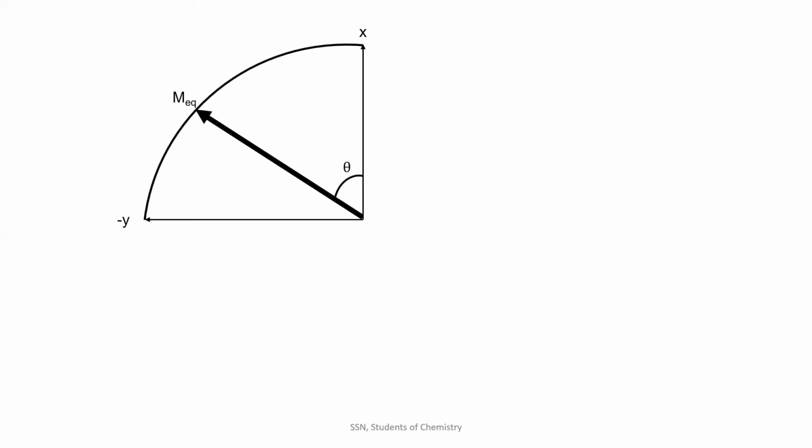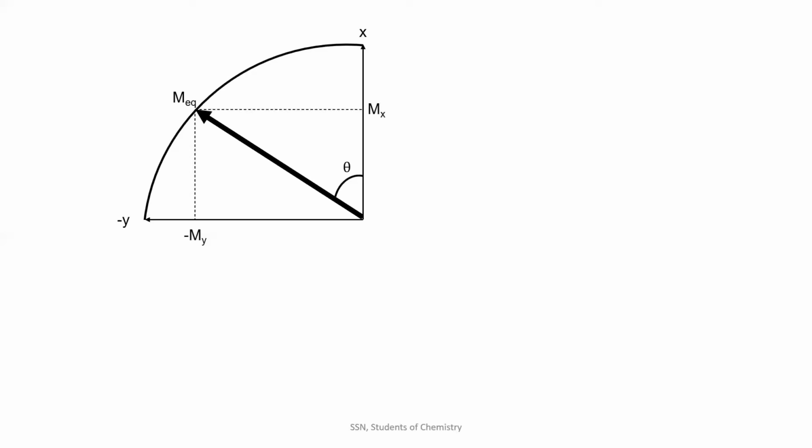I can also choose positive x and positive y axis, negative x and positive y axis, negative x and negative y axis. There are 4 opportunities to choose, but I have chosen x and minus y axis. The magnetization corresponding to the minus y axis, we call it M minus y or simply minus My. And the magnetization corresponding to the x axis, we call it Mx.